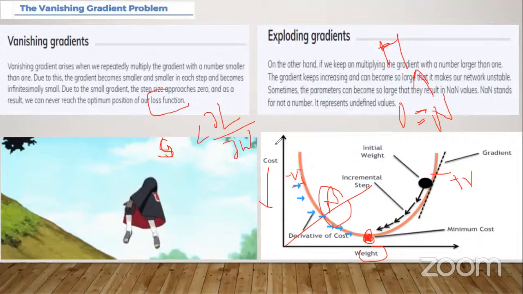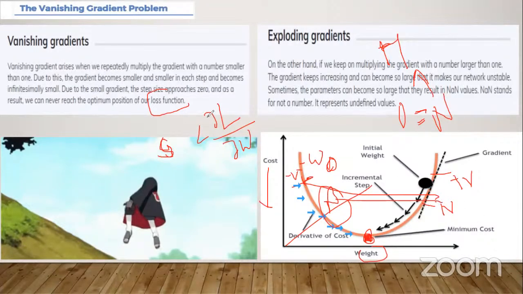If this was my W1, old weight 1, somewhere here, and all of a sudden I give a new weight somewhere here, it is a huge jump. And again there is a similar jump, then maybe it goes back.